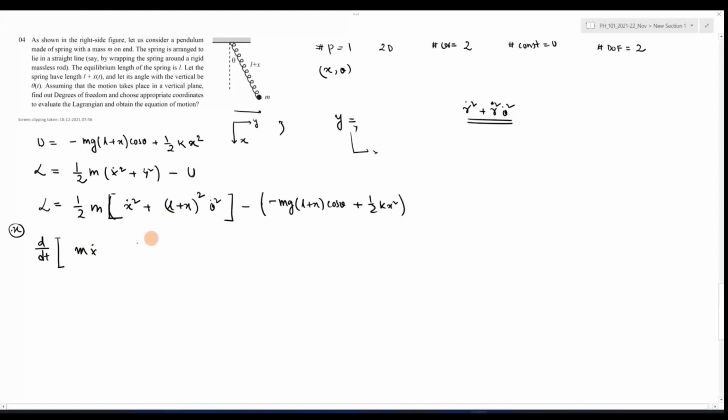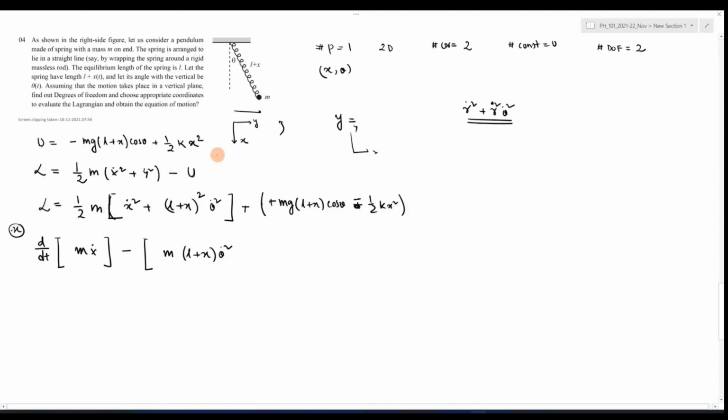This term will give nothing, so this part is done. Minus. Let us simplify this Lagrangian as well. Minus, minus will become plus, and minus and plus will become minus here. dL/dx: this term is not having x, but this term is having x. So it will become m (L plus x) theta dot square.